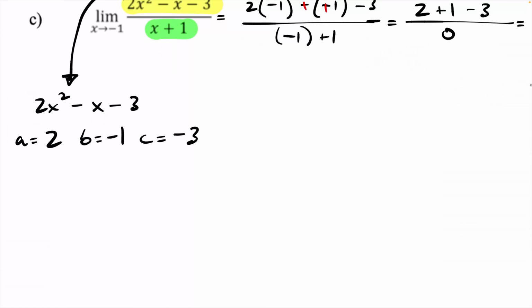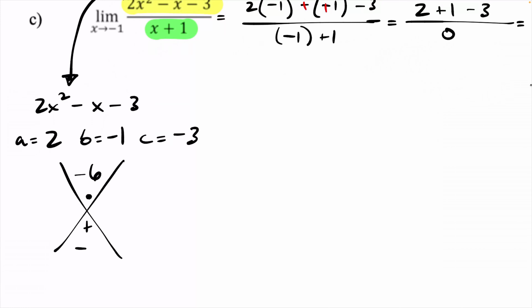When it's a trinomial, you can do that. If it wasn't a trinomial, we would use other steps to factor. But since it's a trinomial, it's got to have an A, a B, and a C. And then we use those to factor. So we multiply A times C. When I multiply A times C, what do I get?